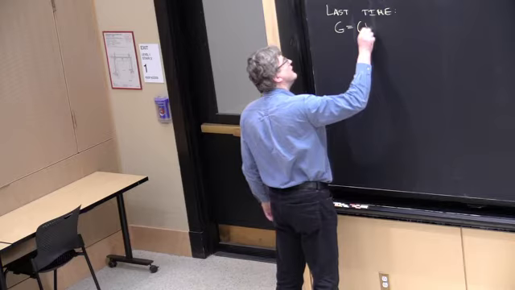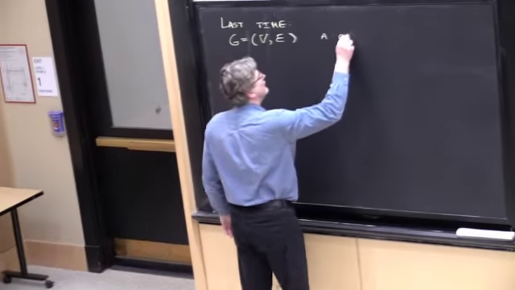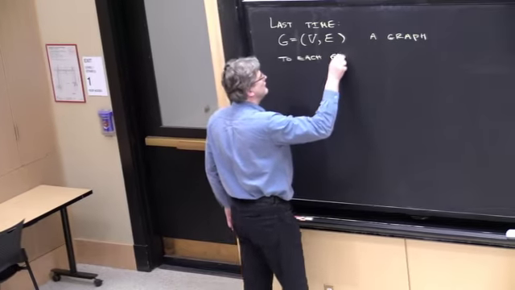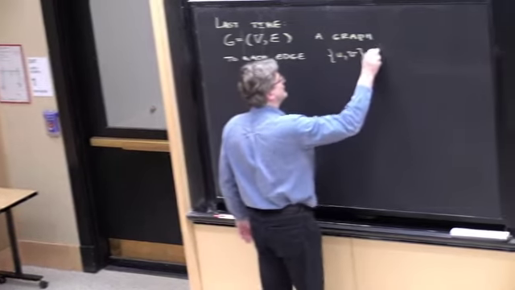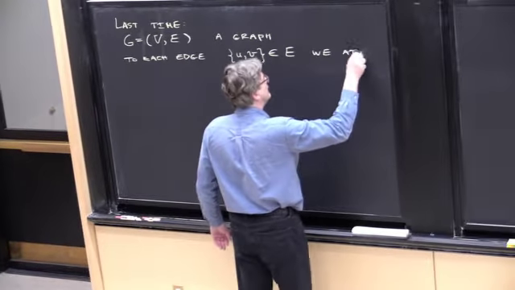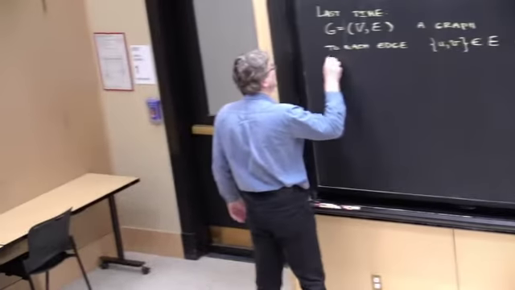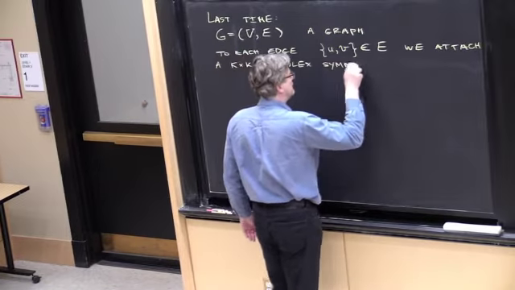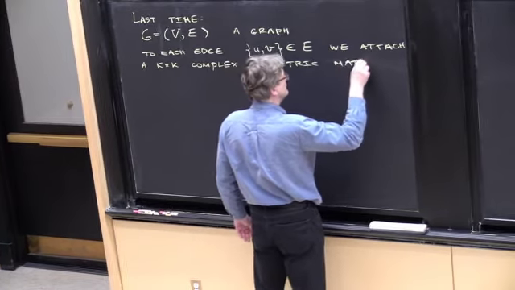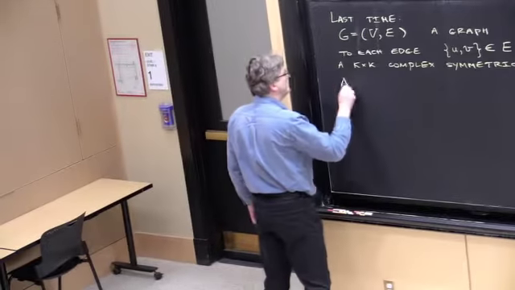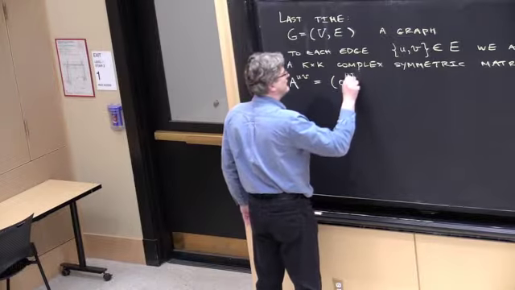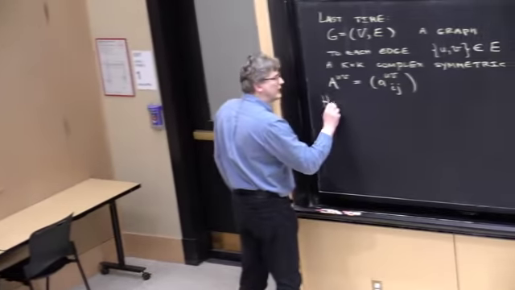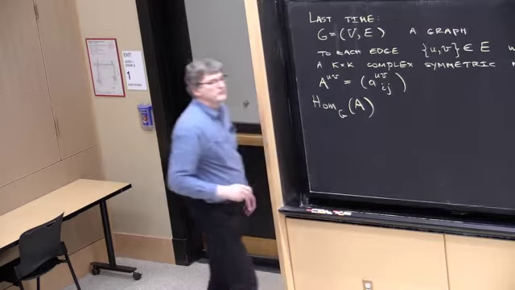So we have a graph, and then to each edge, so it's an undirected graph, we attach a k by k complex symmetric matrix A_uv, with entries A_uv(i,j), and the graph homomorphism partition function or multi-spin system partition function goes as follows.